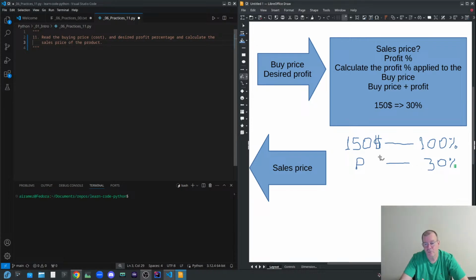The way that you make this expression is we multiply those two.